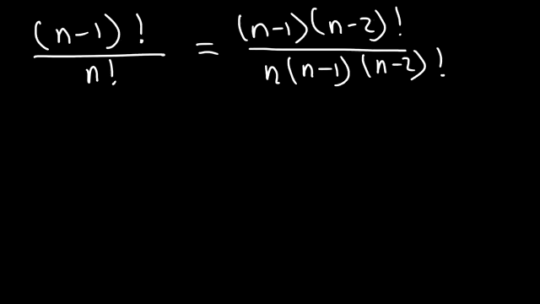So we could cancel n minus 2 factorial, and we could cancel n minus 1. So therefore the answer is going to be 1 divided by n.